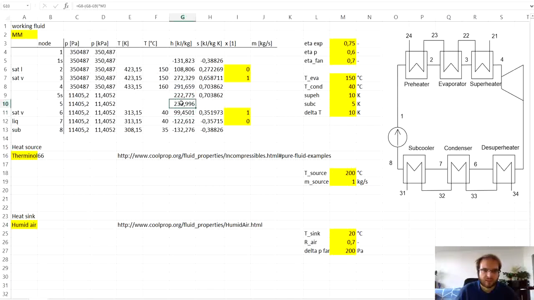So the outlet enthalpy from the expander is slightly higher. We don't use all the ideal enthalpy difference we have available, but due to the efficiency we use only a portion from it.